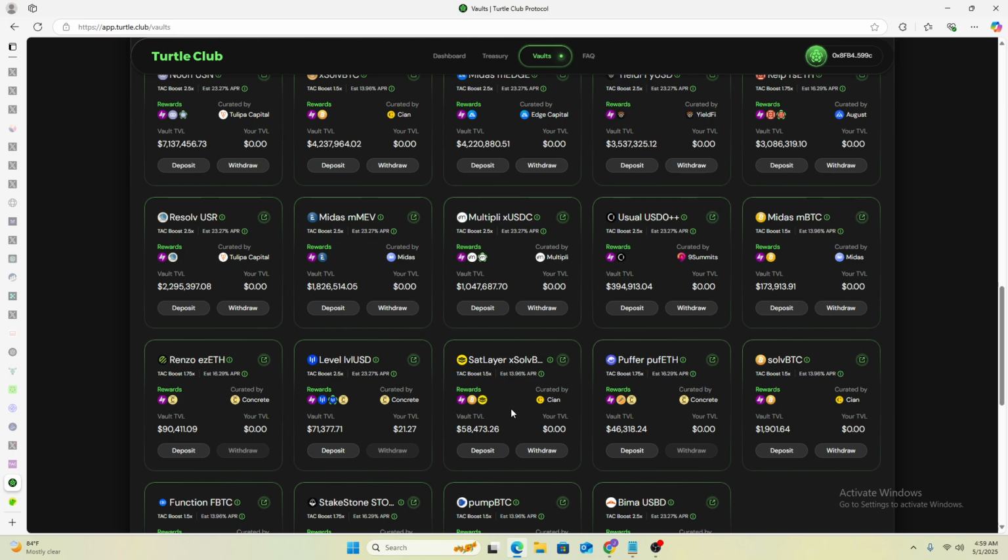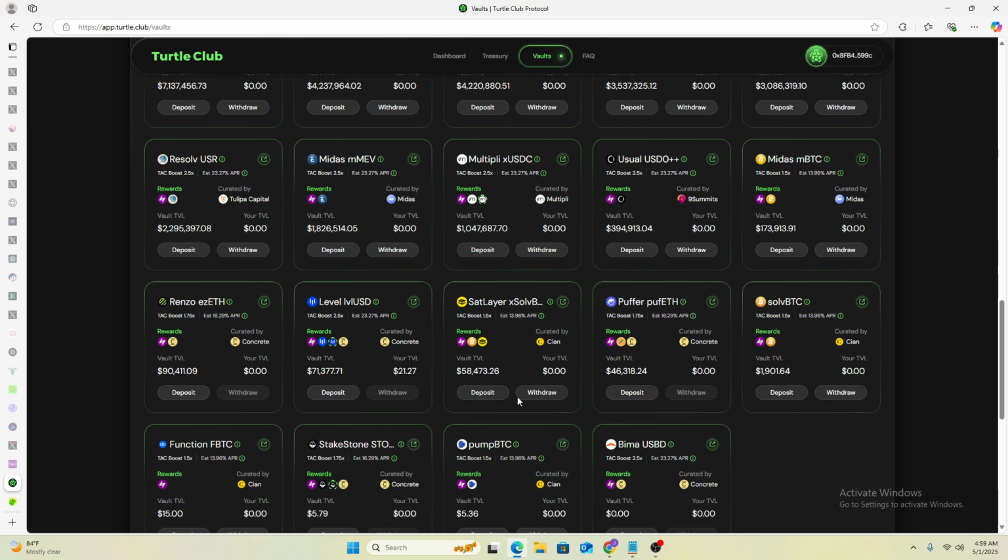I have SatLayer funds and all that. So why not put it to use instead of it sitting in your wallet? Even when you put it to use, you maintain the origin points that you're earning from the origin platform. So that's how to get started with Turtle Club, before you start considering putting in additional funds.